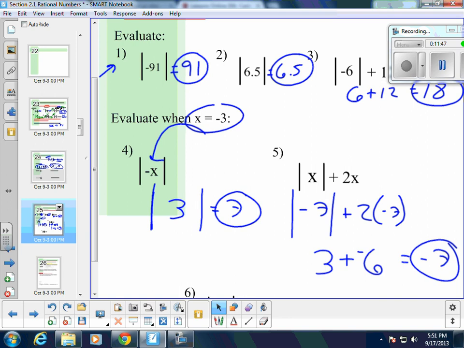And once you take care of the absolute value, notice how in this problem right here, I took the absolute value of -3, and then I got rid of the lines in the next line of work. Those absolute value lines are not in there. Once you've taken the absolute value, the lines are gone. Get those out of the problem.